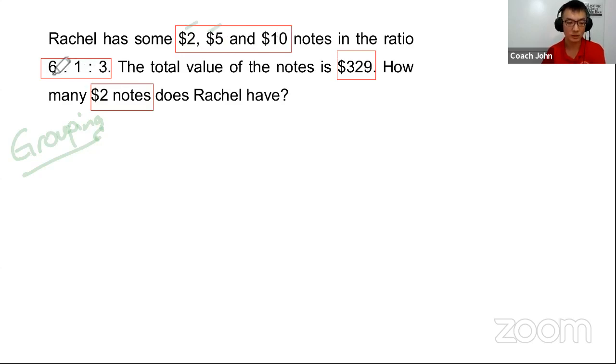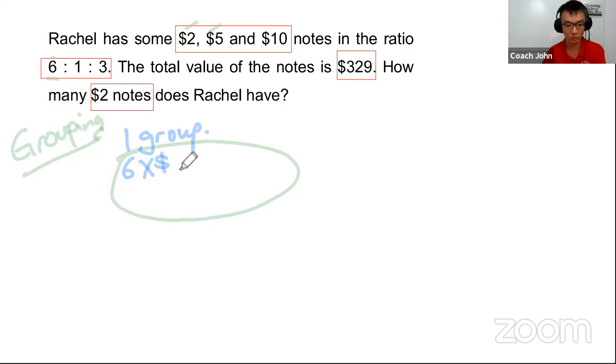Which means that in every group, she has 6 pieces of $2 notes. So you can write here, grouping, draw a circle, and put here one group. That means 6 pieces of $2 notes.